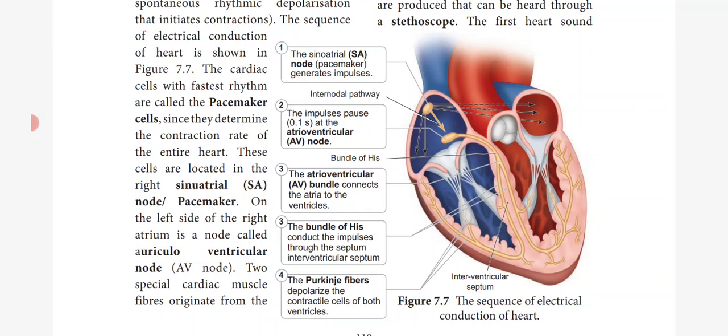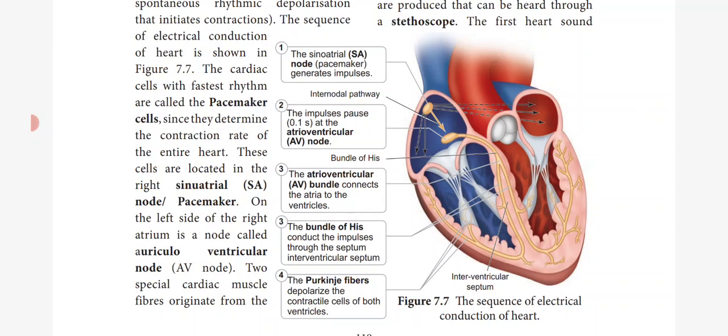These pacemaker cells are located in the SA node. SA node means the sinoatrial node in the right atrium, otherwise called the pacemaker. And on the left side of the right atrium is a node called the AV node, that is the auriculoventricular node.